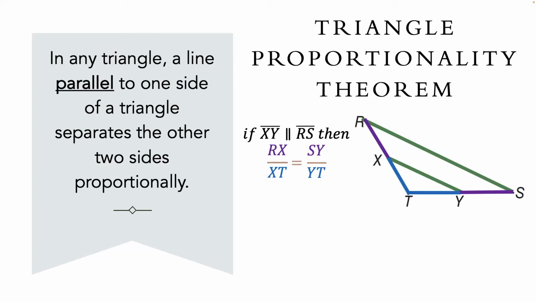And then the converse of that is if RX over XT equals SY over YT, then those lines that we started with, XY and RS, are parallel.